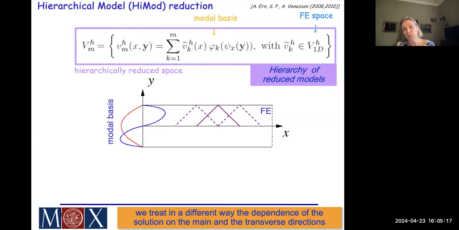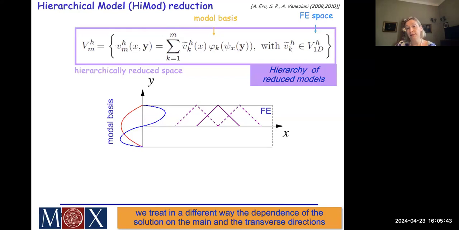And actually, we are in the presence of a hierarchy of reduced models where the different level of detail is set by the choice made for the modal index m, I mean, from the number of modal functions that we decide to adopt to describe the transverse dynamics.